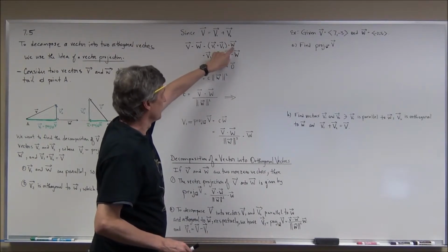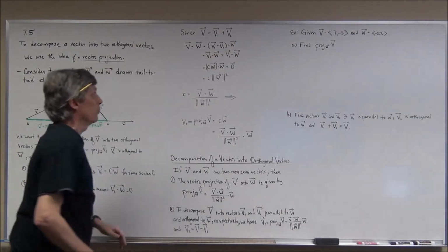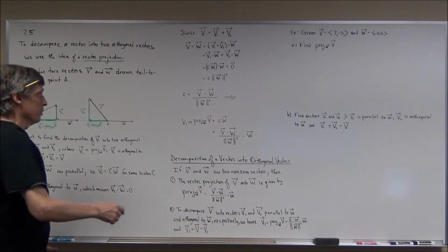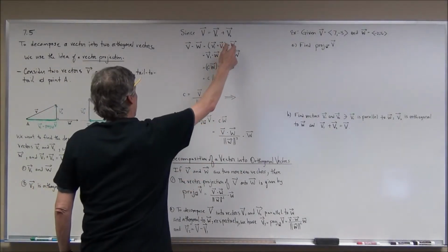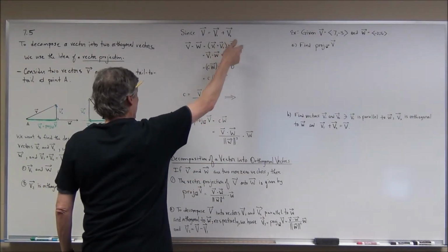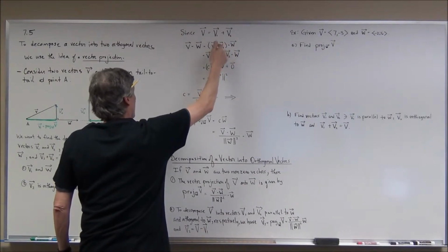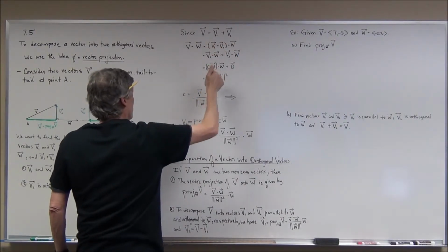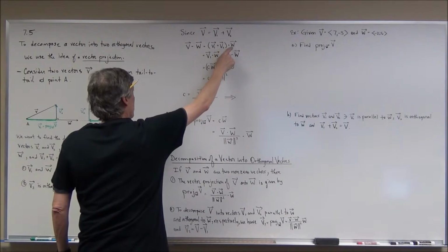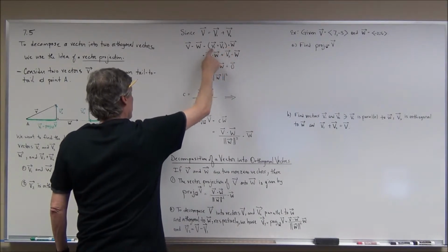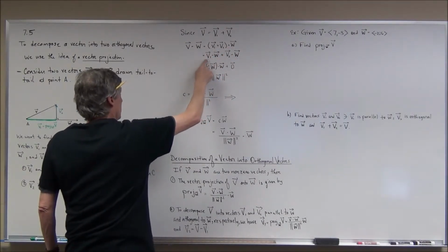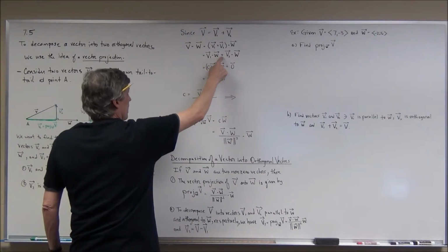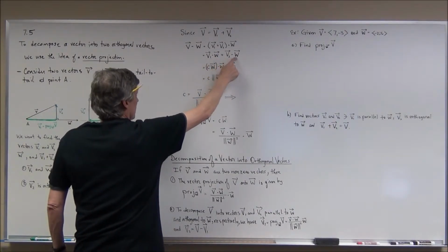I just said V, but I meant to say vector W. Excuse me. Now, one of the properties of dot products was that we were able to multiply, dot product multiply, like the distributive property, over the sum of the vectors. So this sum of vectors dot vector W is the first vector, V sub 1, dot vector W, plus vector V sub 2 dot vector W.